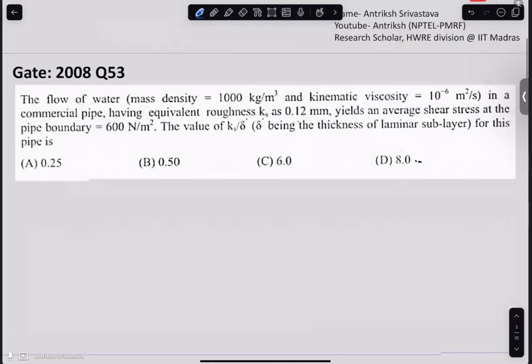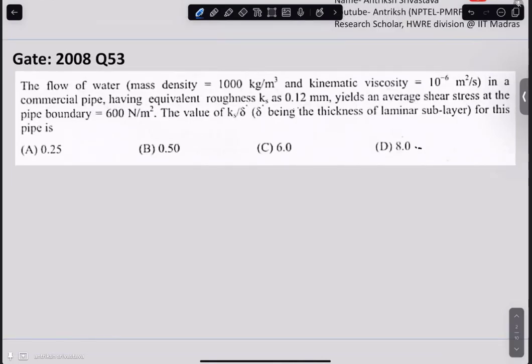Okay, so question number one, GATE 2008, question number 53. The flow of water, mass density 1000 kg per meter cube and kinematic viscosity 10 power minus 6 meter square per second, in a commercial pipe having equivalent roughness Ks of 0.12 mm yields an average shear stress at the pipe boundary of 600 Newton per meter square.